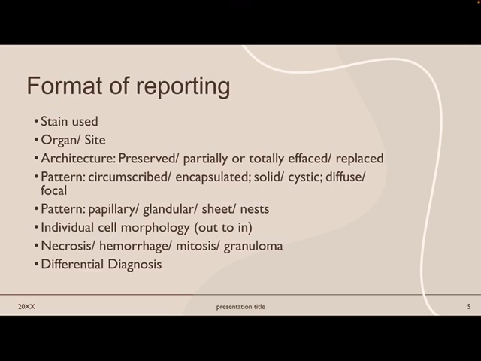Look at the cell membrane, whether it is prominent or not, then the cytoplasm, whether it is clear or granular, and whether it is abundant, scant or moderate. Then the nuclear membrane, whether it is irregular or regular, well defined, and prominent. Then look at the chromatin, whether it is vesicular or hyperchromatic, and come to the nucleoli, whether they are prominent or inconspicuous.